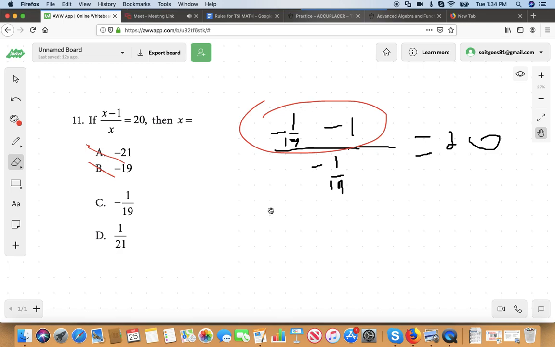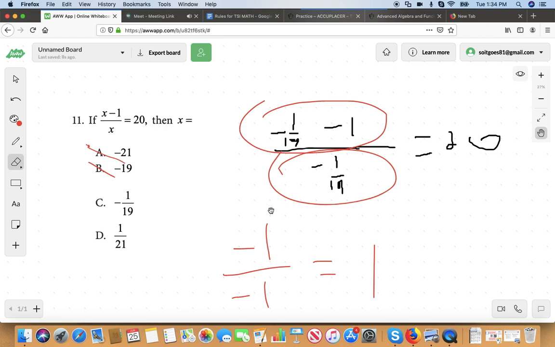Okay, and then, of course, in the denominator, that's already negative. So you've got a negative divided by a negative. Is that negative or positive? If you've got negative 1 divided by negative 1, what's anything divided by itself? 1. Positive. A negative divided by a negative, just like a negative times a negative, is positive.